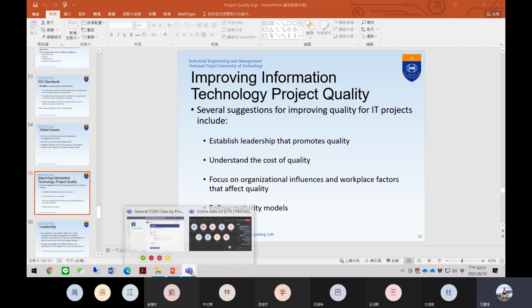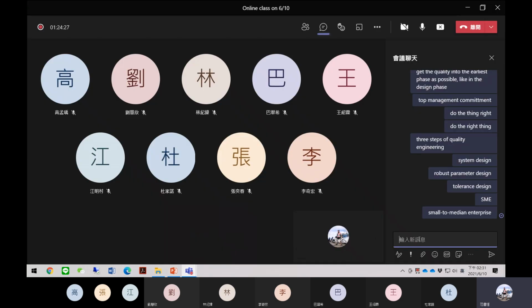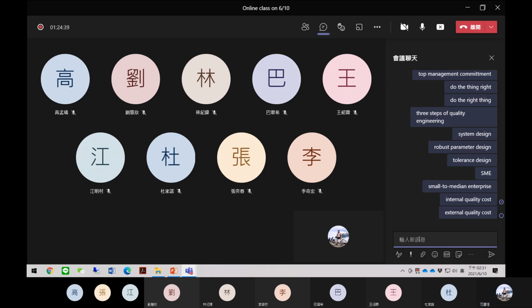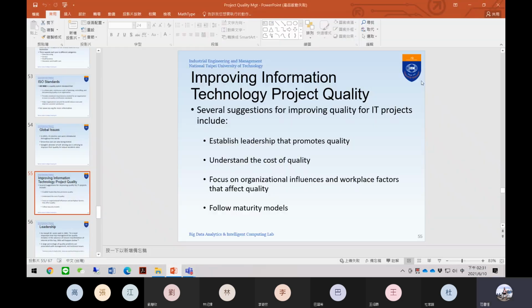Cost of quality can be classified into two types: internal and external quality costs. Then focus only on organizational influences and workplace factors that affect quality.